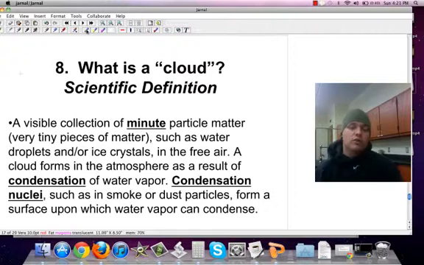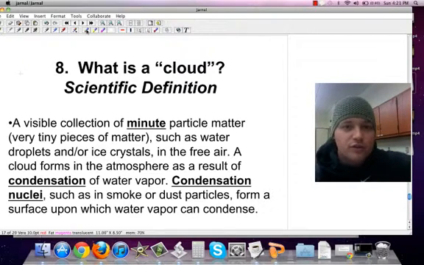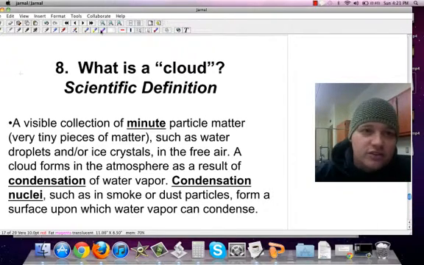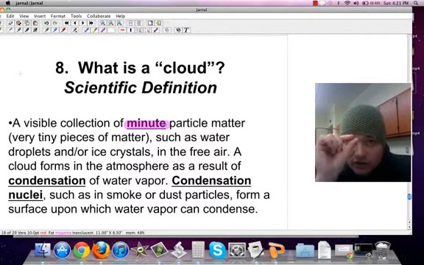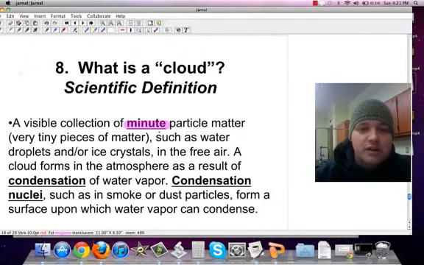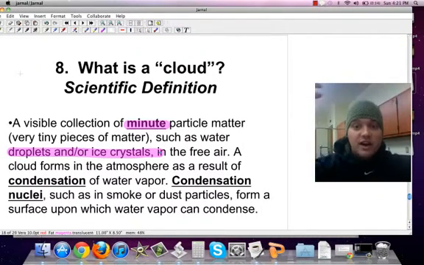All right, so again, when you look at what scientists would refer to as a cloud, this is exactly what they would call it. They would call it very minute particles, very, very tiny particles of matter, such as water droplets or ice crystals that will actually form within the air.